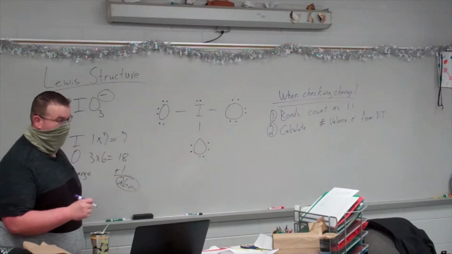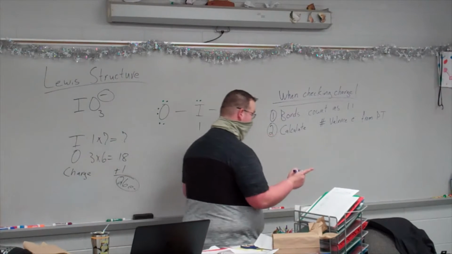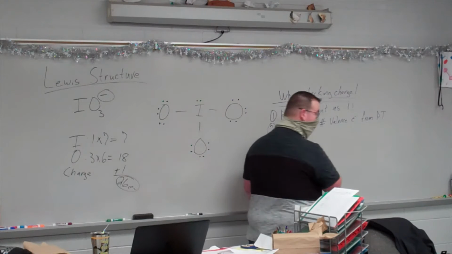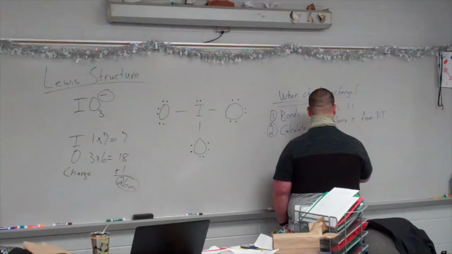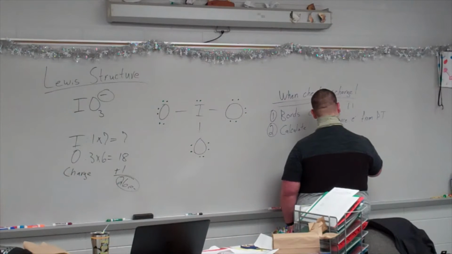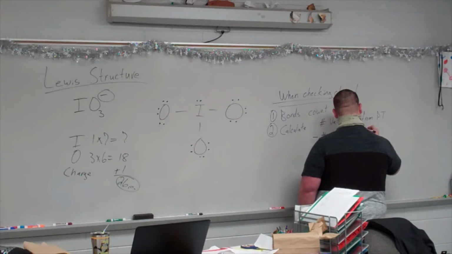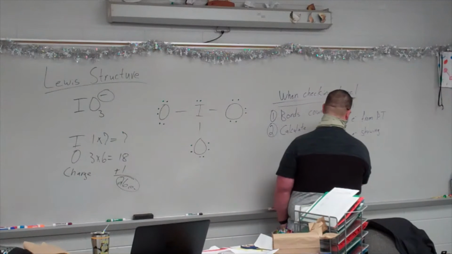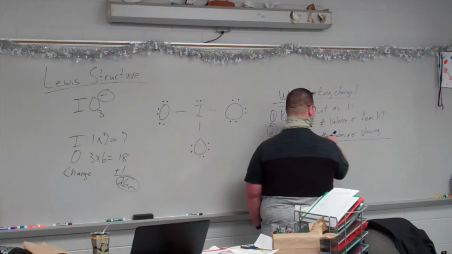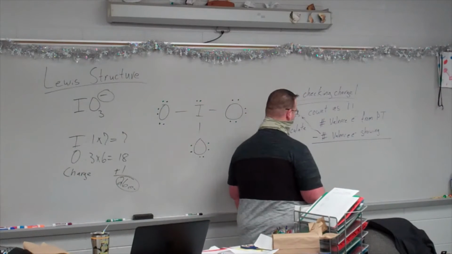I told you backwards yesterday. I know before break I told you right. Yesterday I told you wrong. You will subtract from this the number of valence electrons showing. This number is where those bonds count as one.